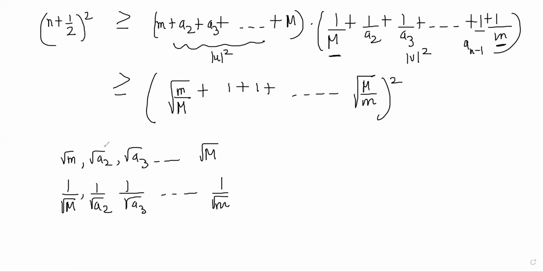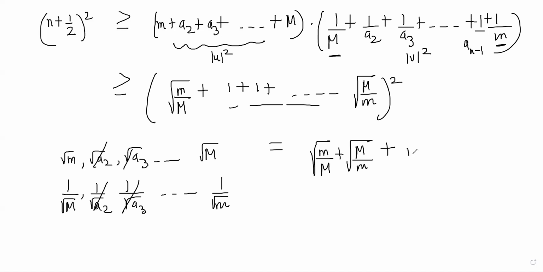So when you do dot product, these terms will multiply and become 1 each, right? Correct. So this is equal to root over small m by capital M plus root over capital M by small m plus the n minus 2 terms, whole square, right?